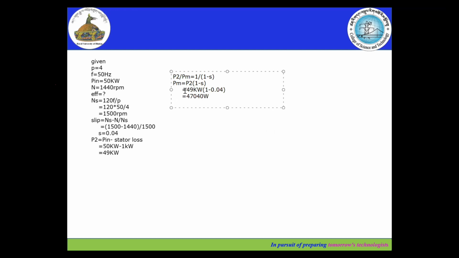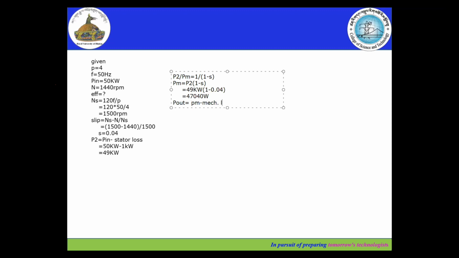So from here, Pm is the gross output. After that, we need to find P out, the output power. P out is equal to Pm minus mechanical loss.